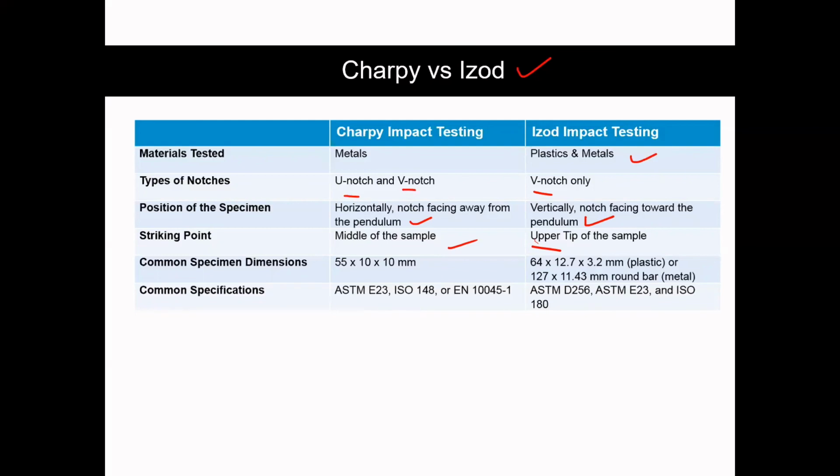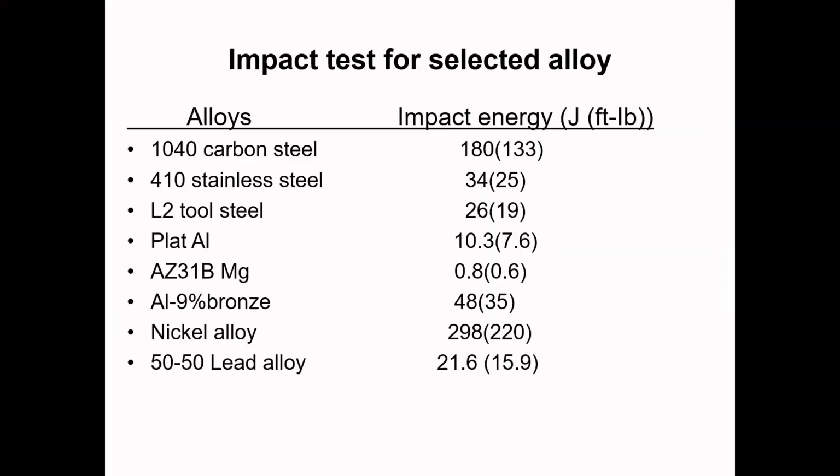A common specification for Charpy impact testing is ASTM E23, ISO 148, EN 10045-1, and specification for Izod impact testing is ASTM D256, ASTM E23, and ISO 180. So this is the common impact testing value for a selected alloy.